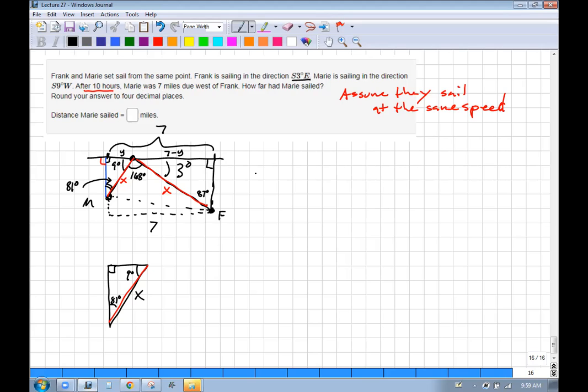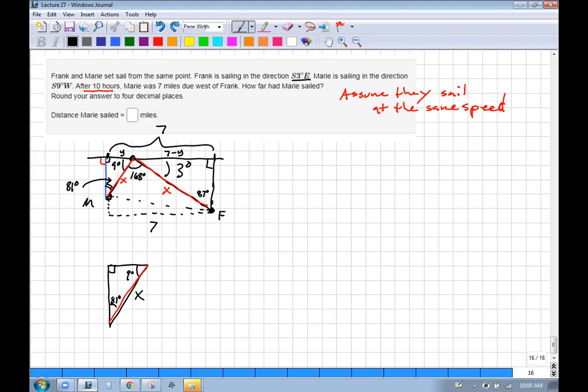So I don't know. The only way I can see that we do this is if we assume that these lengths in the red are the same. We assume that they're sailing at the same speed, because we want to find x. So if we use the right triangle over here, we could say x is the hypotenuse. We have x and y. Pick an angle. If I use the 9 degrees, this would be adjacent over hypotenuse.